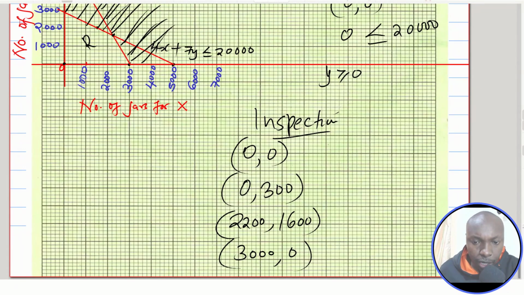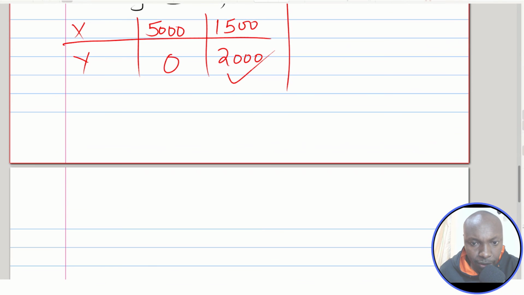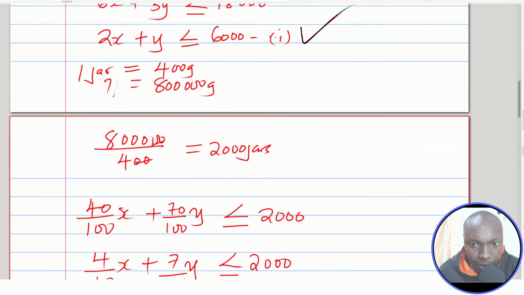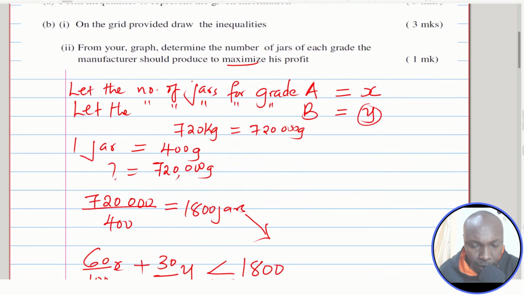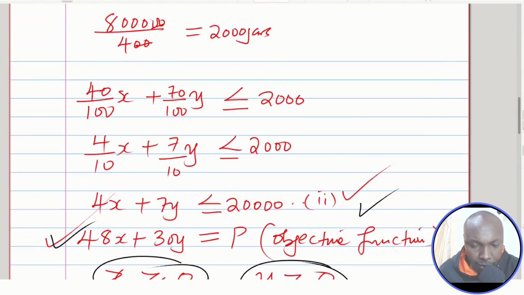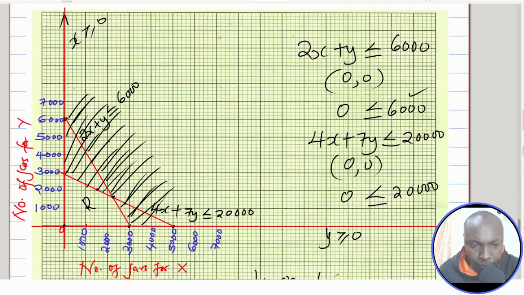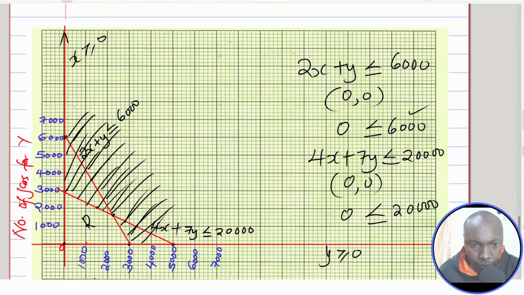Now what you need to do is take the objective function, 48x plus 30y, and test all these points.